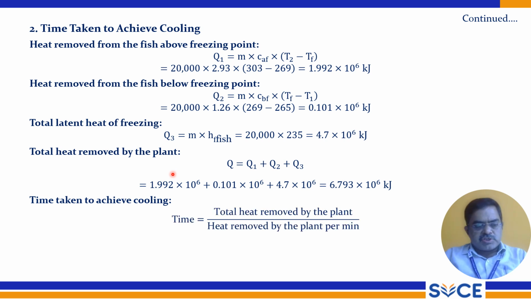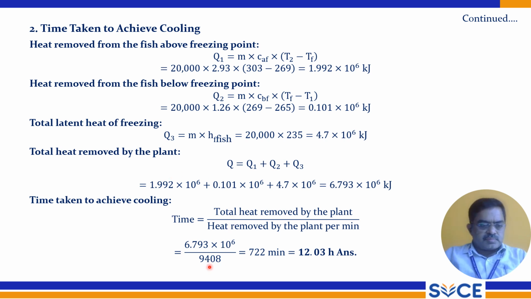The time taken to achieve this cooling is equal to the total heat removed divided by the heat removed by the plant per minute. So that is 6.793 into 10 to the power of 6 divided by 9408, equal to 722 minutes required. In terms of hours, it is 12.03 hours required to achieve that cooling.